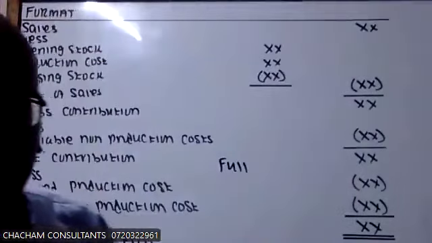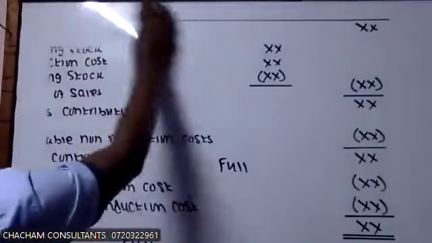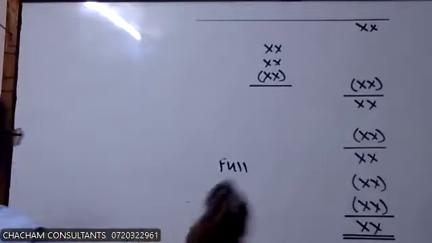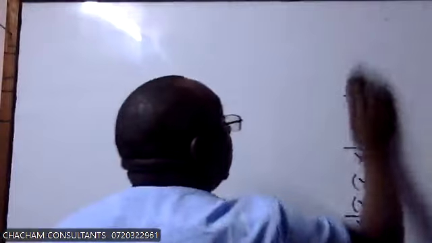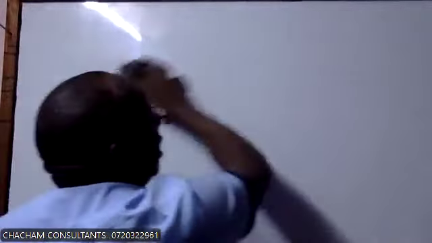Next, it takes variable production cost per unit as fixed, irrespective of the activity level, which is not always true.